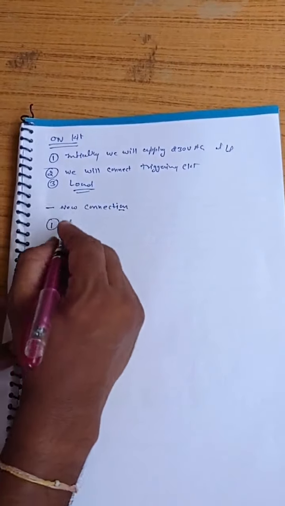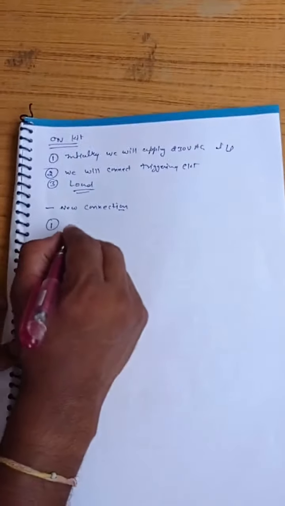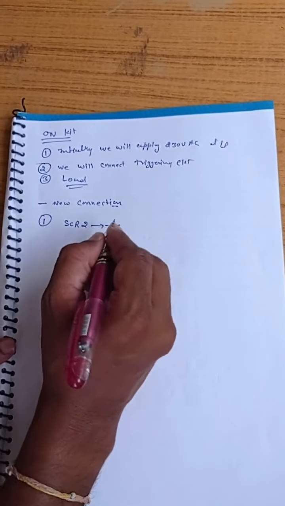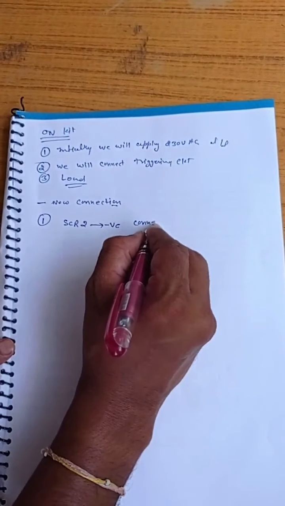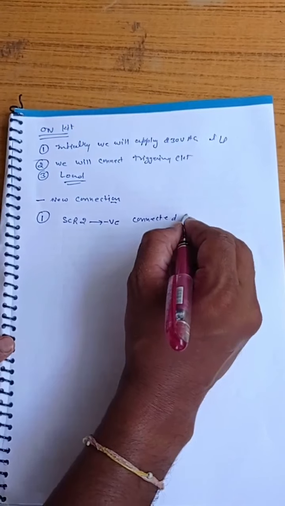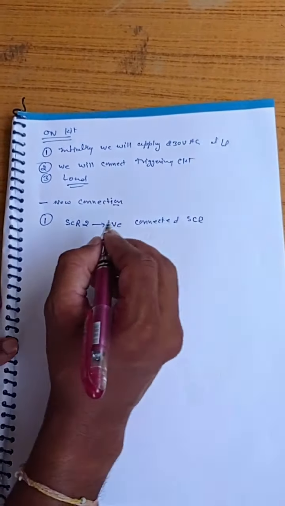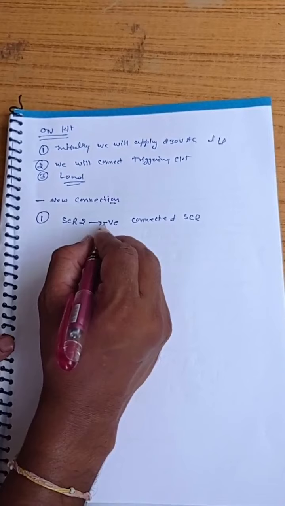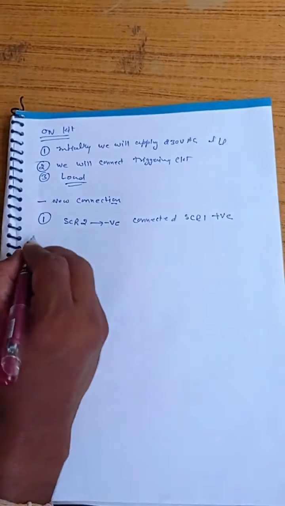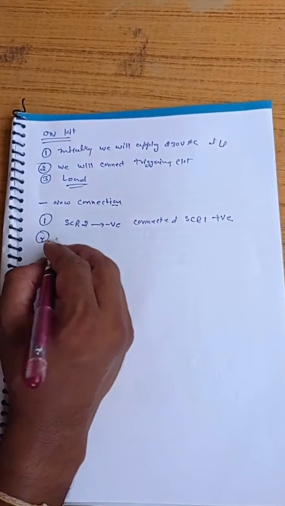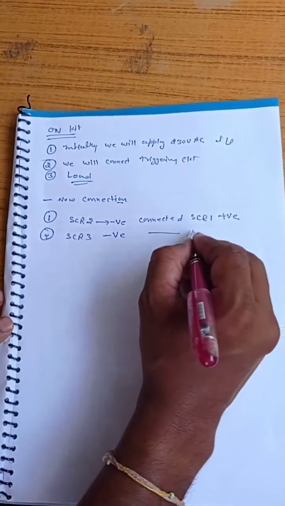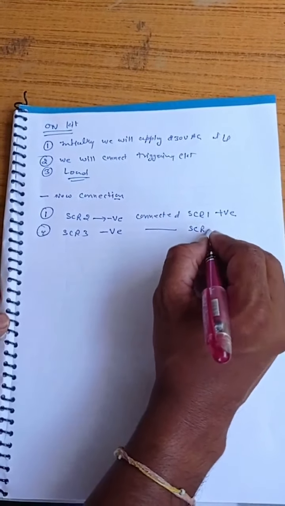For making the bridge initially, the SCR2 negative is connected to the SCR1 positive. Second, SCR3 negative is connected to SCR4 positive.